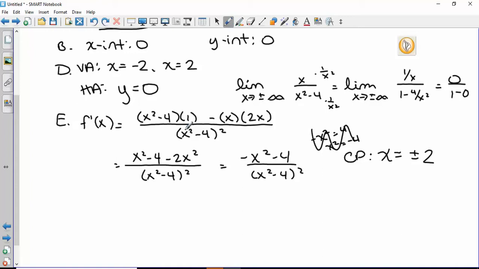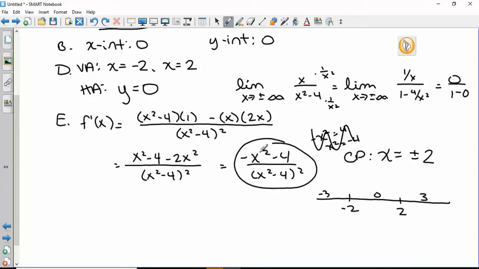So, that's fun. For increasing, decreasing, we need our sign line. So we take our test points. Where do we plug these things in? Right here. So if I put in -3, that's 9, so -9 minus 4, that's negative over positive, so that's negative. Put in 0, we get a negative over a positive, which is negative.